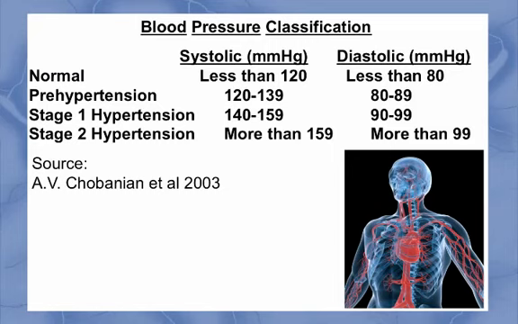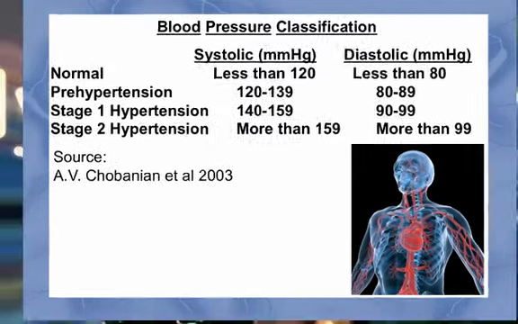If your reading exceeds 140/90, then you have high blood pressure or stage 1 hypertension, and you need to take this seriously. If your reading exceeds 160/100, then you're in a very dangerous category and you need to seek medical intervention to help bring it under control.